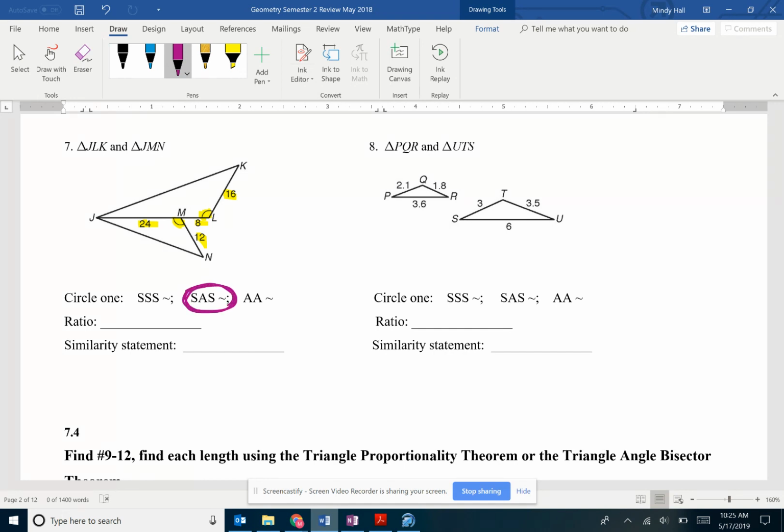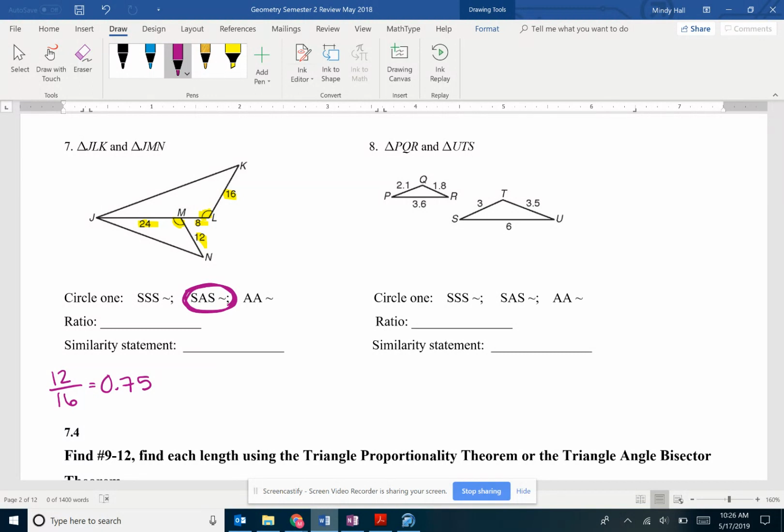But remember, with SAS and SSS, we have to have that ratio. So if I go from my small triangle to my big triangle, if I started with the small one, I would have like 12 over 16 because those are the corresponding parts. And 12 divided by 16 is 0.75 or 3/4 if you wanted to simplify.